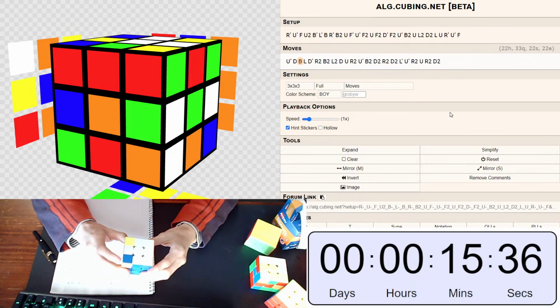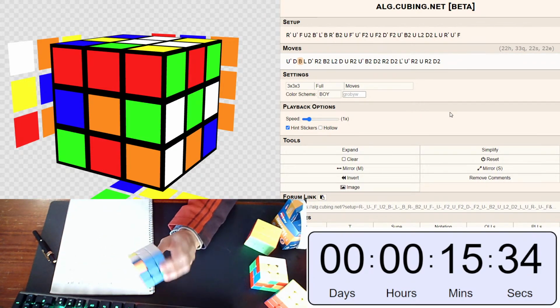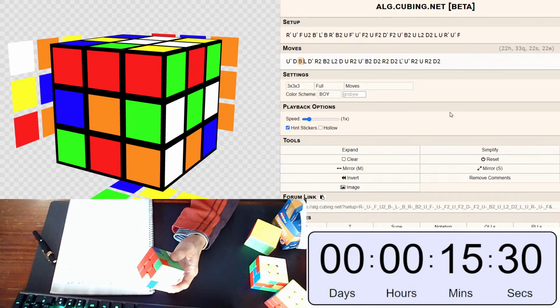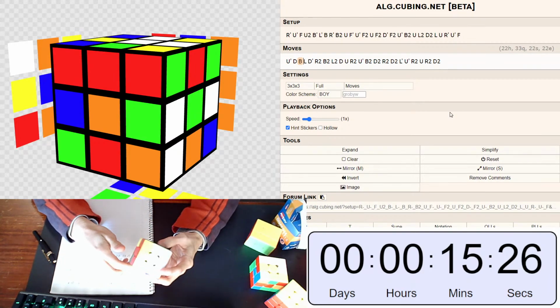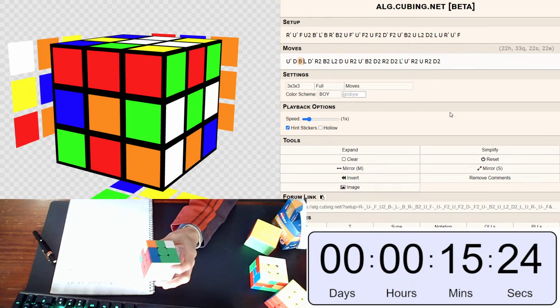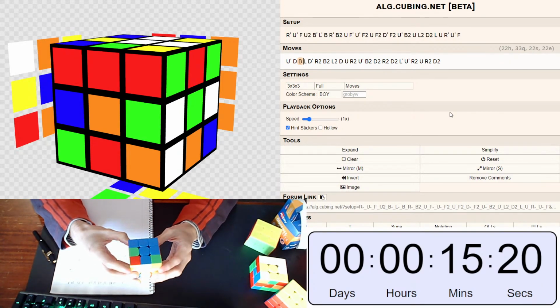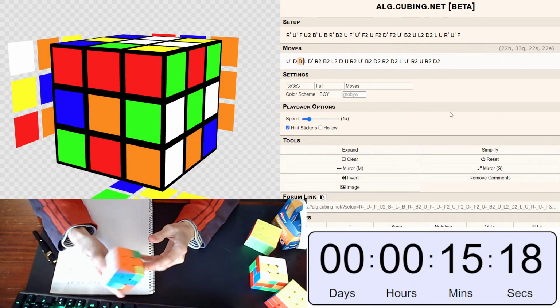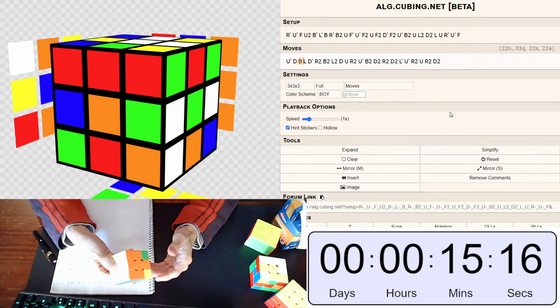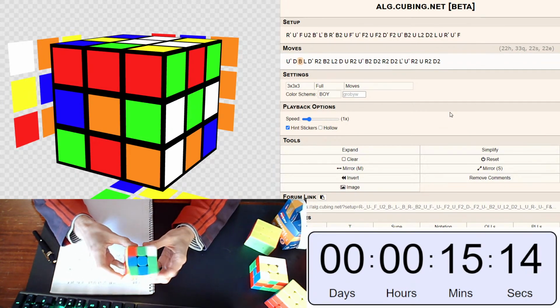L doesn't do anything. B doesn't do anything. There's R2. There's R2. R2 B prime. R2 B. L2 B prime.